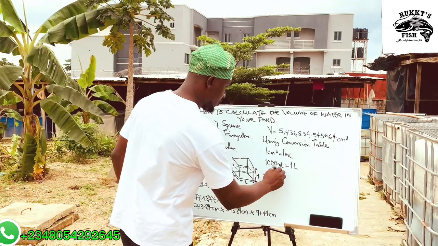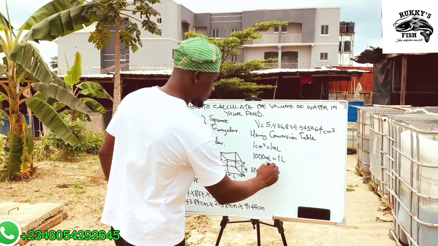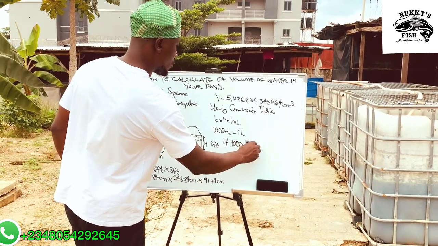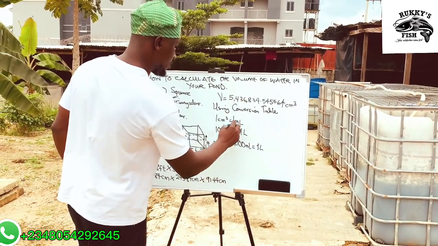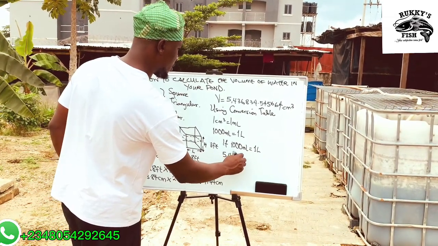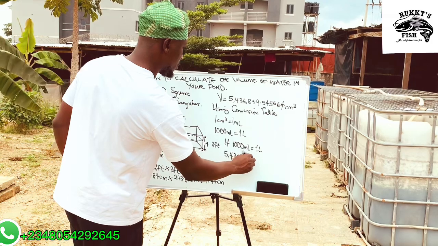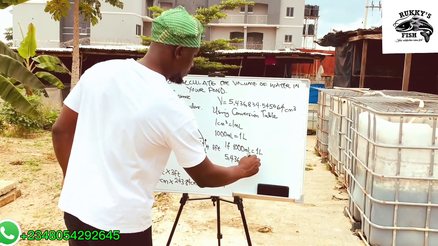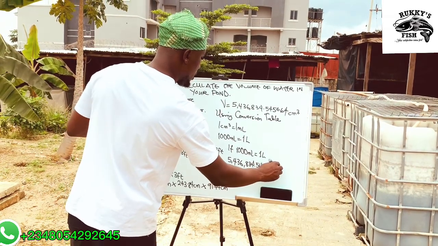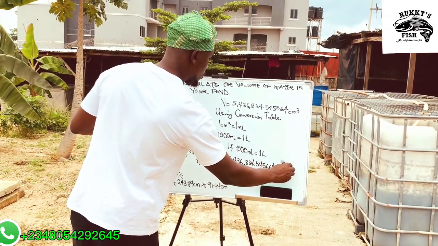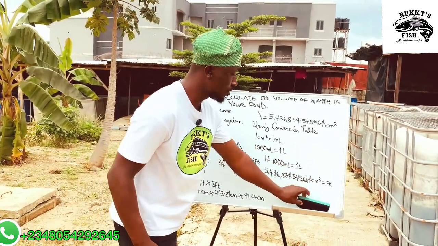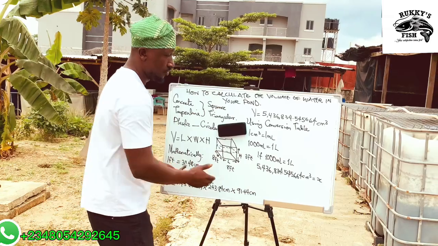So if 1000 milliliters is equal to 1 liter, right? It means 5,436,834.5456664 cm cube is equal to x, right? This is the unknown, so we want to find the value for x.